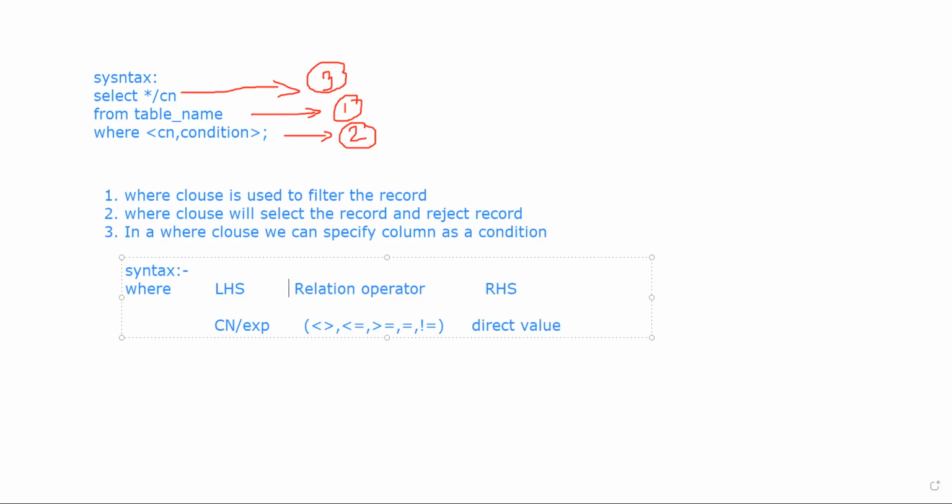This is the syntax for the where clause condition. This is the LHS value, which is a column name or expression, in between there is the relational operator, then the RHS value.